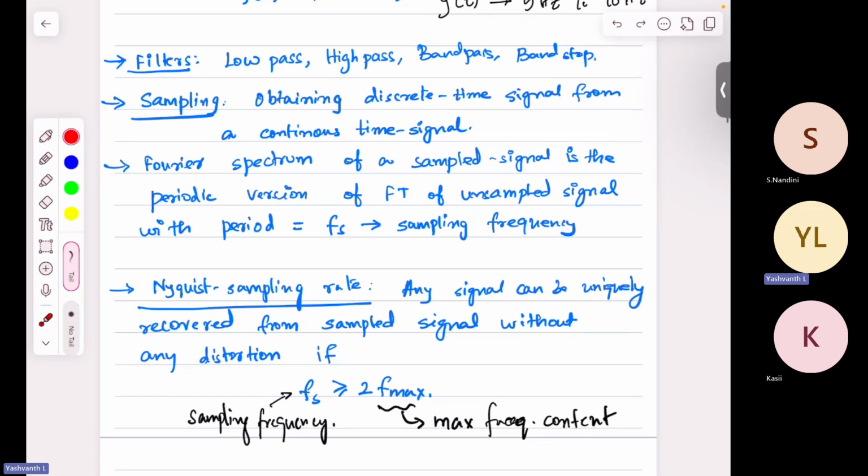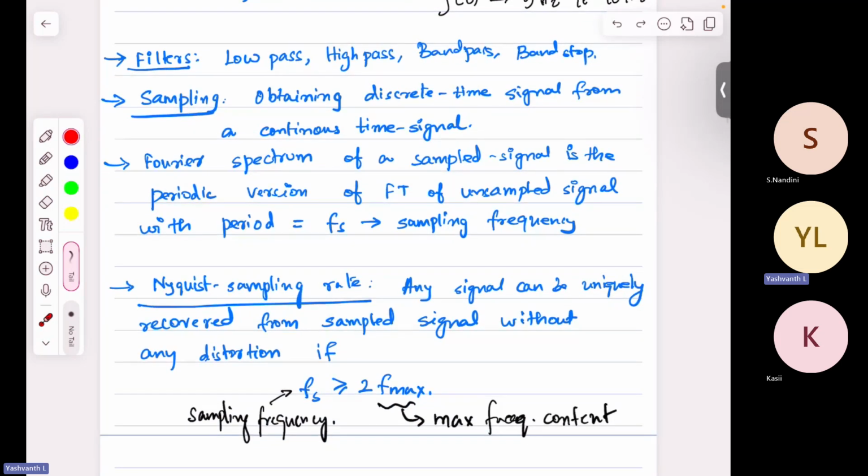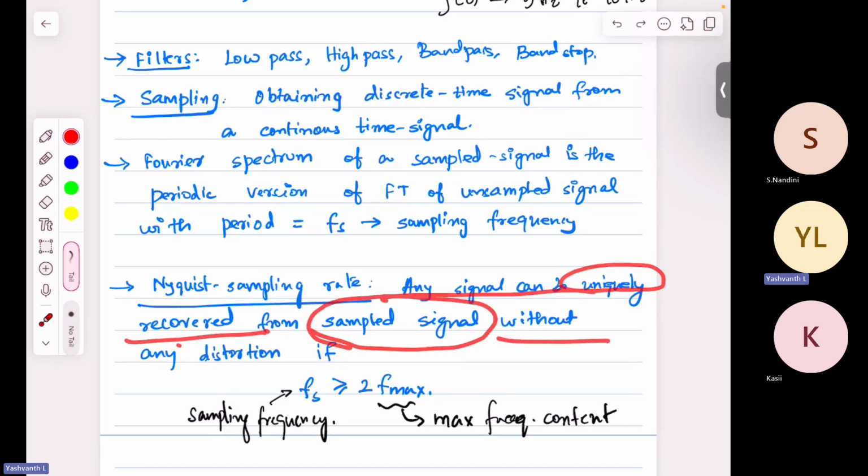Now a very important result in sampling theory is the Nyquist sampling theorem, which gives what is called the Nyquist sampling rate. What it says is any signal can be uniquely reconstructed from its sampled signal without any distortion if the sampling frequency is at least 2 times the maximum frequency content F max.